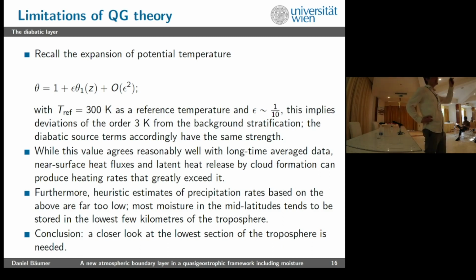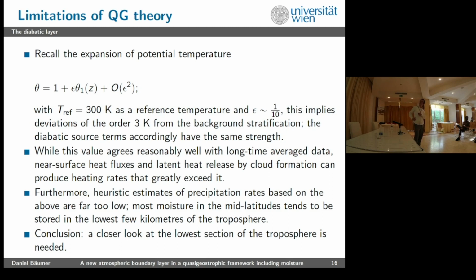Because in many instances, 1/10 is just what we consider the distance between two separate scales. Of course, mathematically, we want epsilon to be as small as we like, but as all our derivations are formal, this is actually not an issue. This is done all the time in geophysical fluid dynamics, and it actually leads to very reasonable approximations.